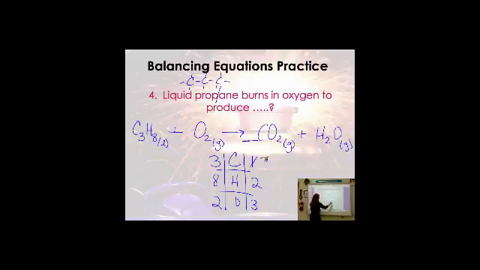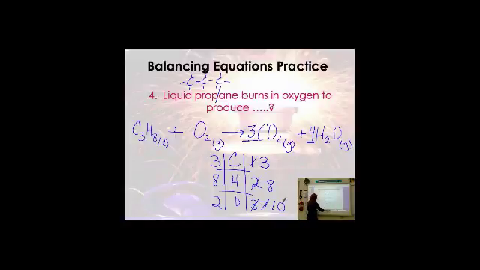I know I need 3 carbons on the right. 3 carbons, that changed my oxygen. 3 times 2 is 6, plus 1 is 7. My hydrogens are also messed up. I have 8 on the left, I need 8 on the right. So if I put a 4 in front of my water, that gives me 8 hydrogens, plus now I have 4, and this was 6. 4 plus 6 is 10.